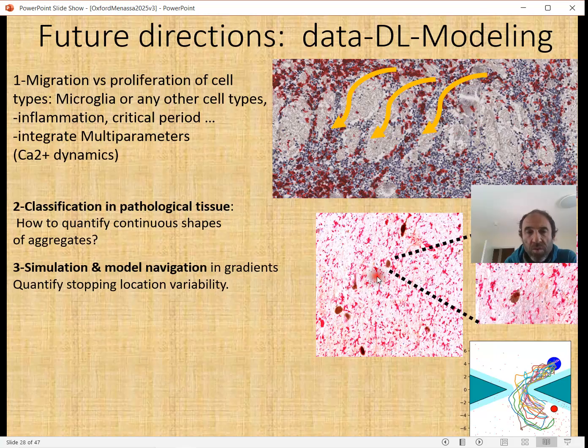So this is ongoing work that I will present soon. And finally, the simulation and model of navigation. We can now integrate the cell type of shape and understand how they migrate toward a specific region. On this, I will stop.